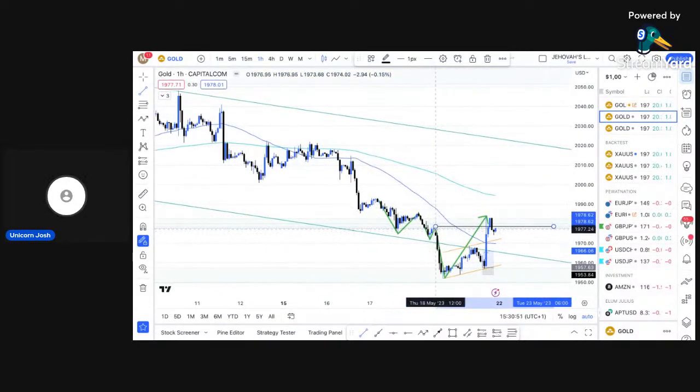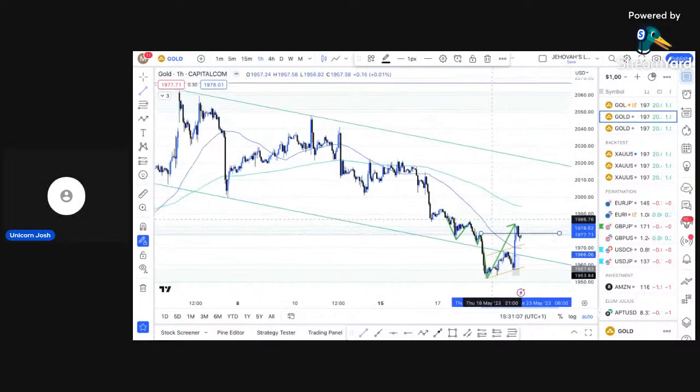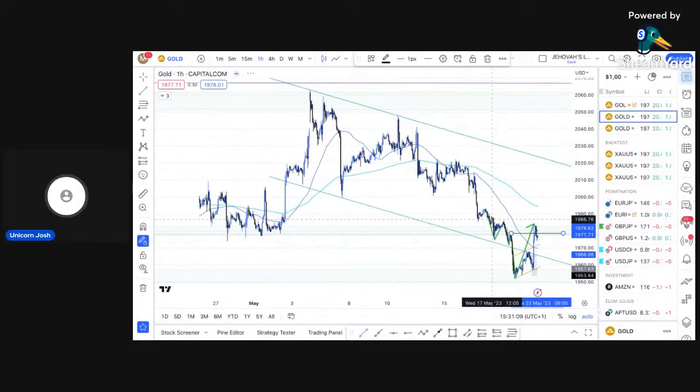The first one is what just happened there, the creation of a new higher high compared to the previous lower high that we have been having. Okay, a new higher high validates a change. In my book, a new higher high validates a change of structure.